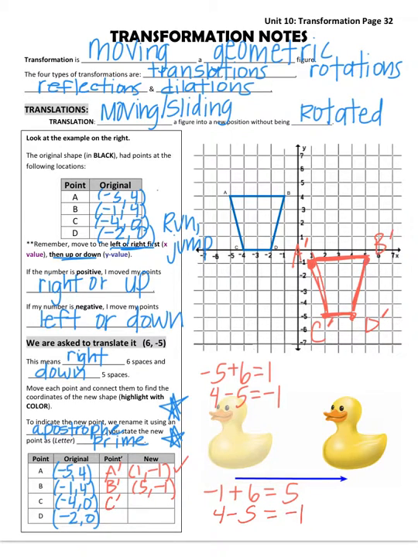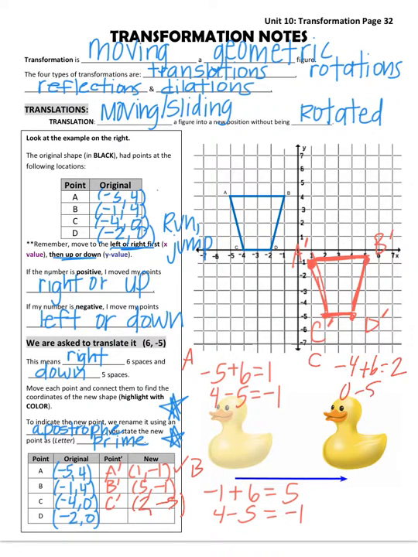Okay, C prime. So C prime is at 2, -5. If you check that mathematically, C was originally at -4 for an x value. Add 6, you get 2.